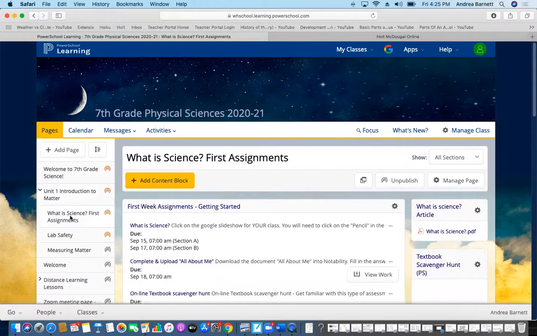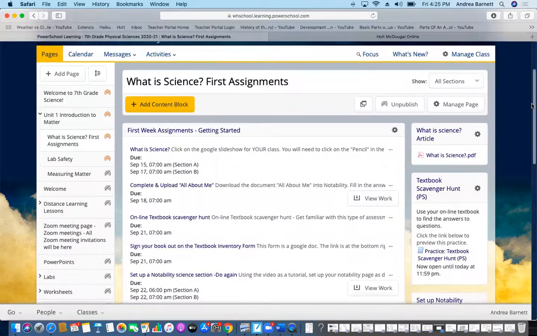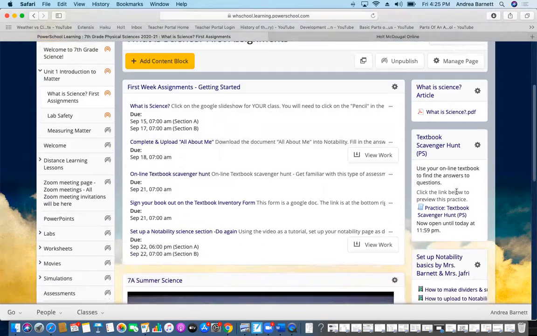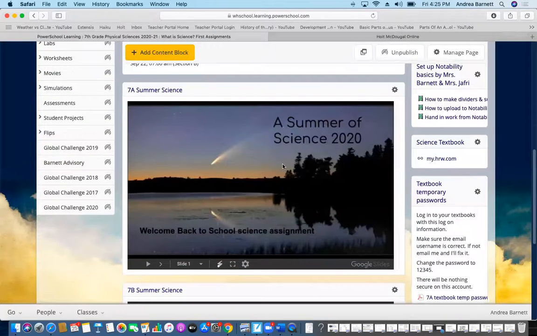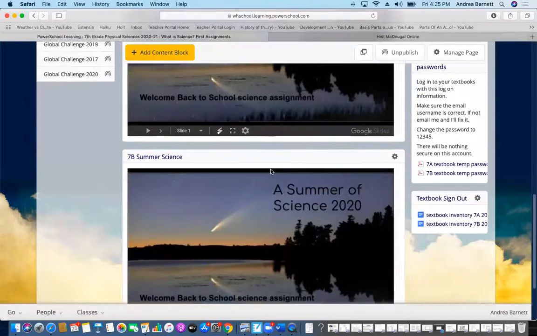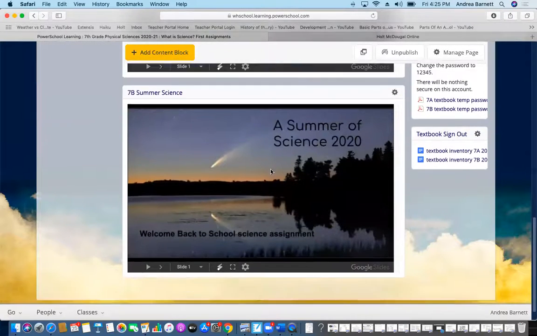These are the assignments we've been working on for the last week. And all the assignments are in this assignment block. All the resources for the assignment can be found on this page. Here are some Google slides that we did together, so it's a form of collaborative assignment that I gave them.